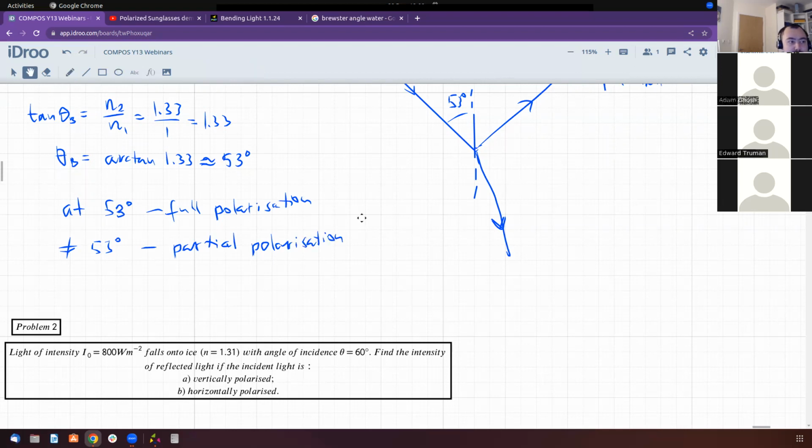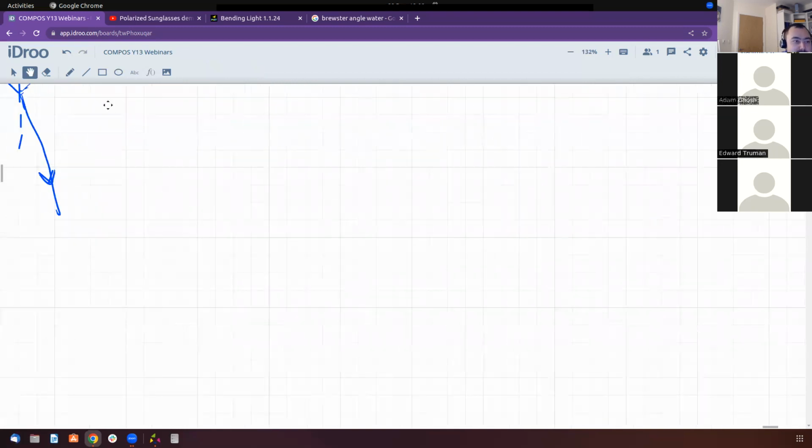If you have unpolarized light, that means you have equal components vertically and horizontally. This is unpolarized light.